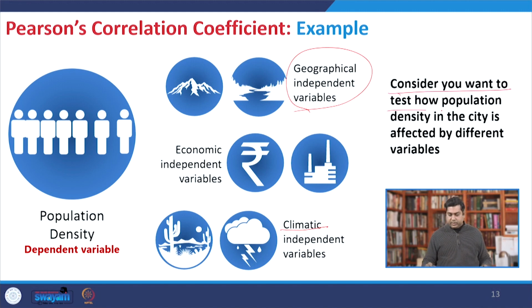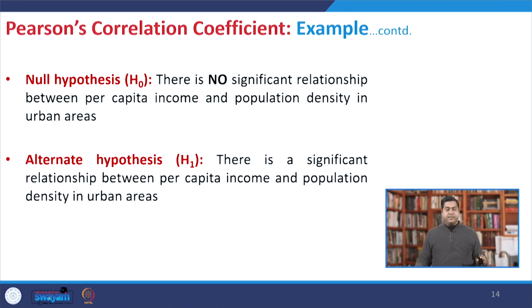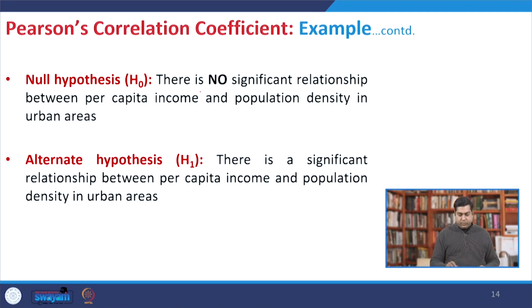Consider you want to test how population density in a city is affected by different variables, and we are focusing on a certain example here, where we make the null hypothesis that there is no significant relationship between per capita income and population density in an urban area.